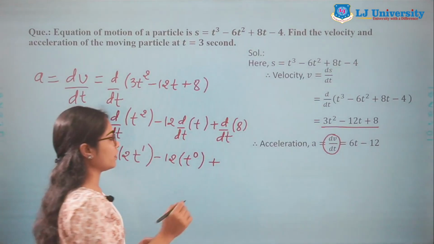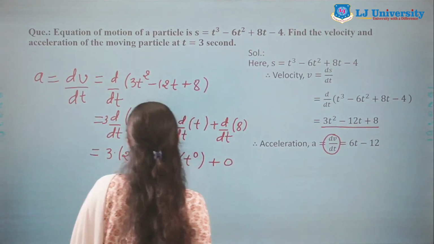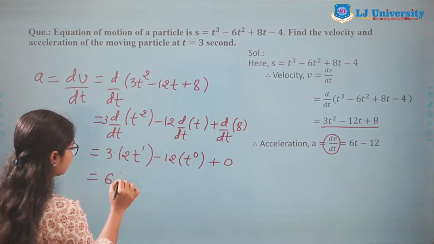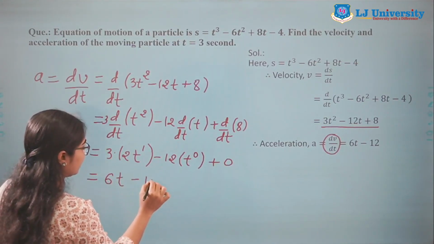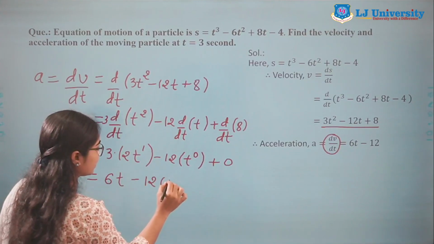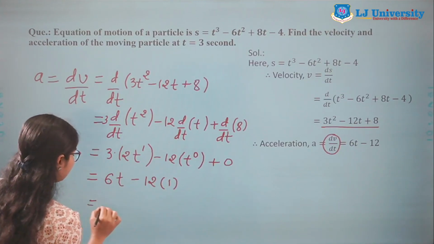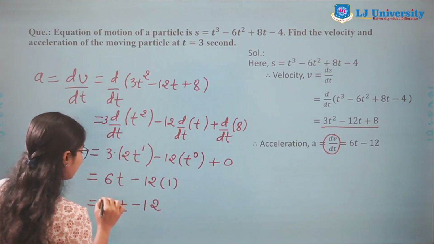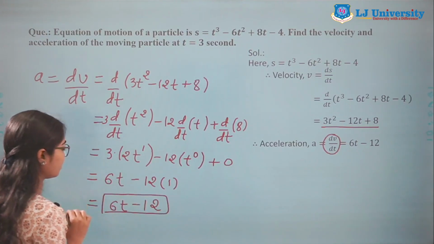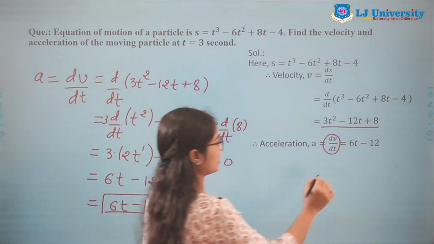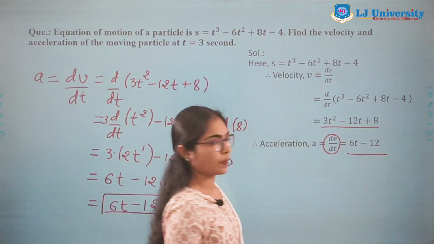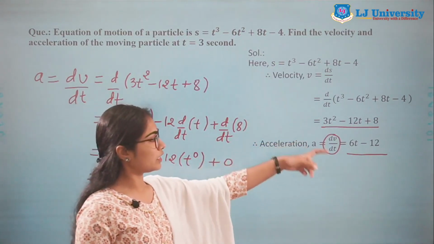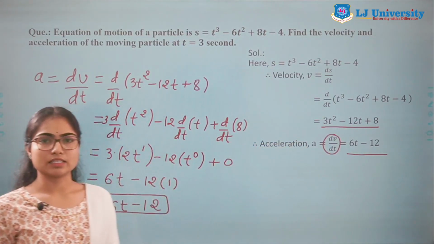So the derivative of 8 would be 0, which equals 3 into 2t, that is 6t, minus 12 into t to the power 0 is 1, which equals 6t minus 12. So here we get the equation of acceleration, which is 6t minus 12. So we have calculated the equation of velocity and the equation of acceleration.